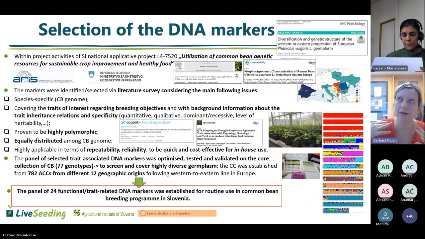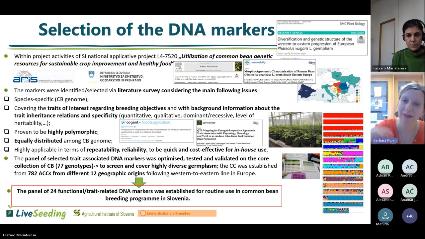So all this background is very important for the selection of the markers, and how many loci you will include in your panel of markers, so that you cover the major genes which are directly associated with the key traits of interest.